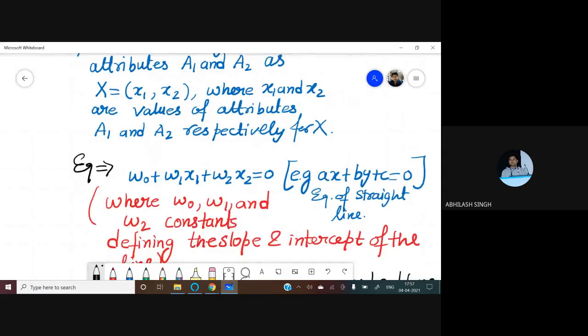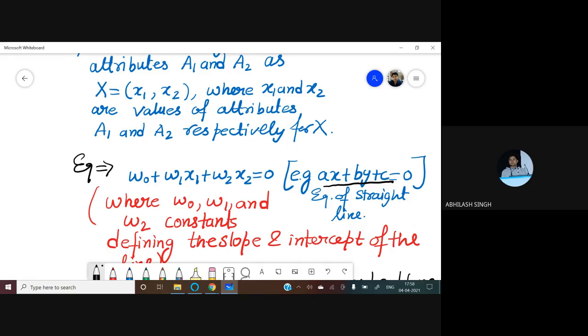If you are asked to write the equation for any hyperplane, that hyperplane is a straight line, and you just need to write the equation for the straight line, which is nothing but ax plus by plus c equal to 0. That is something like y equal to mx in a modified sense. So here w0 is the intercept, w1 and w2 are the slopes.